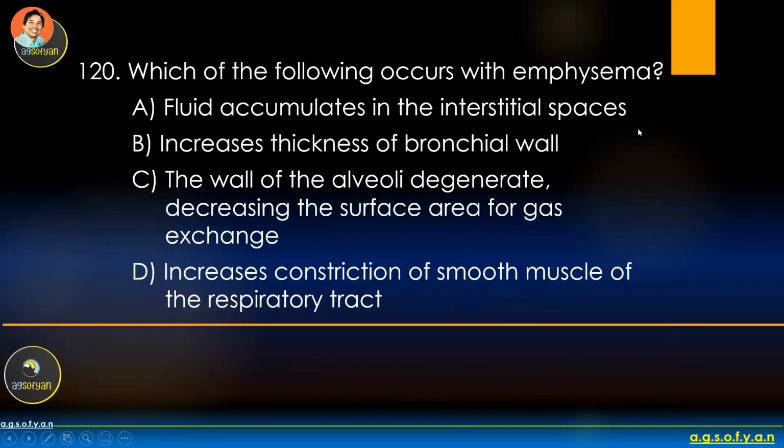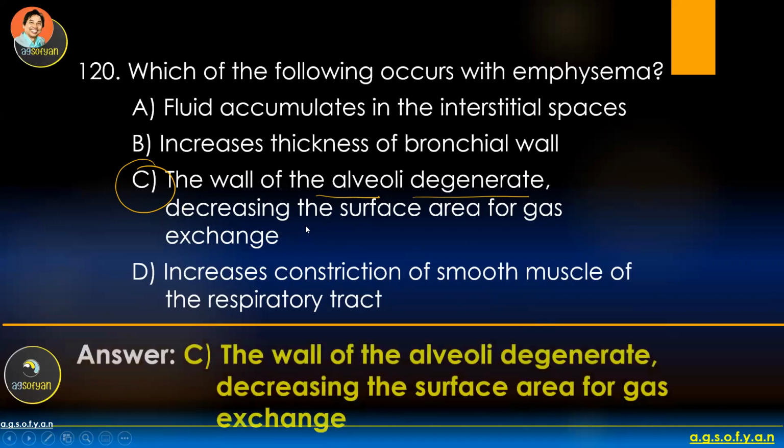Which of the following occurs with emphysema? What are the signs and symptoms? The alveolar walls degenerate, decreasing the surface area for gas exchange. So he will get less oxygen diffused into the blood circulation.